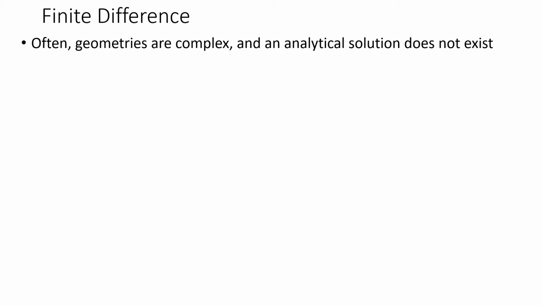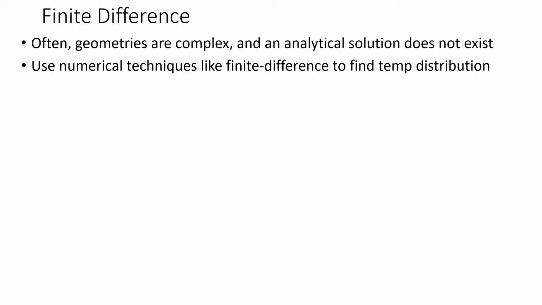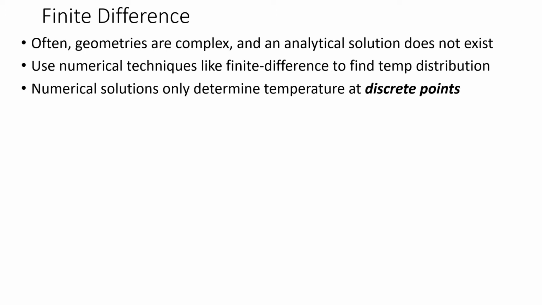So in that case you need a different technique to find the temperature distribution. So we use a numerical technique, like a finite difference technique. This numerical technique uses numerical solutions to determine temperature at discrete points.